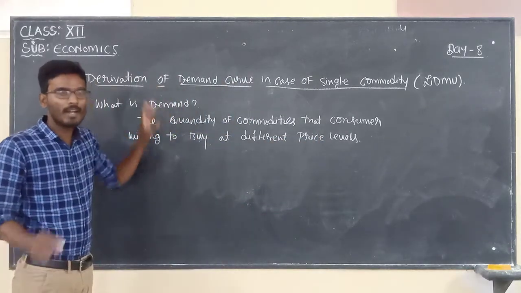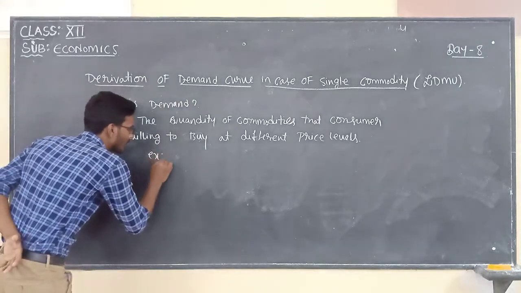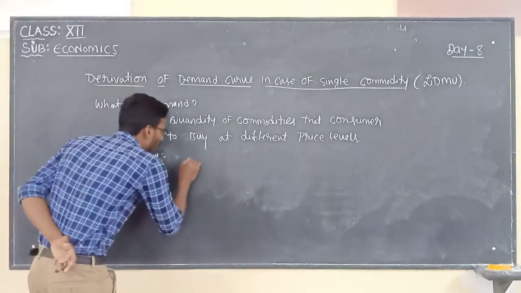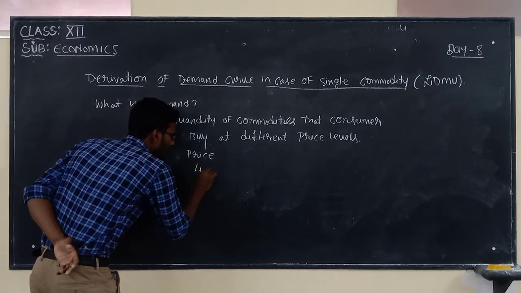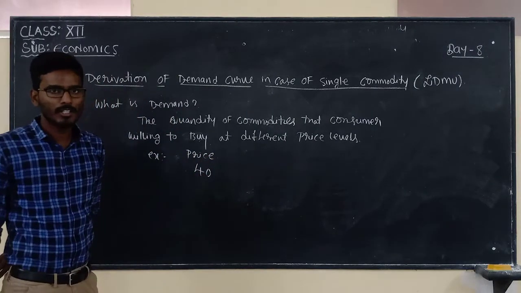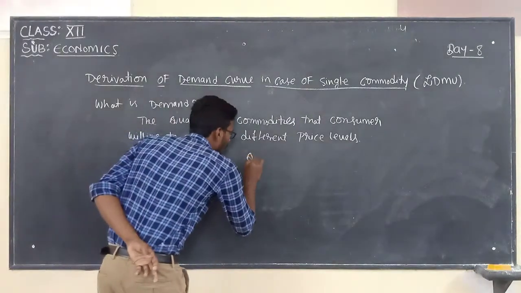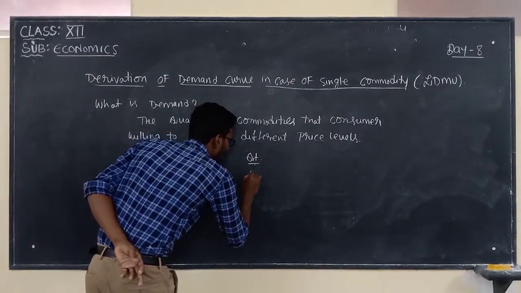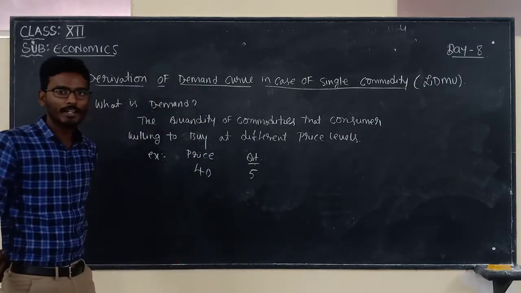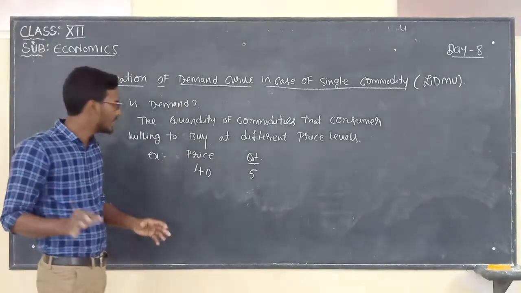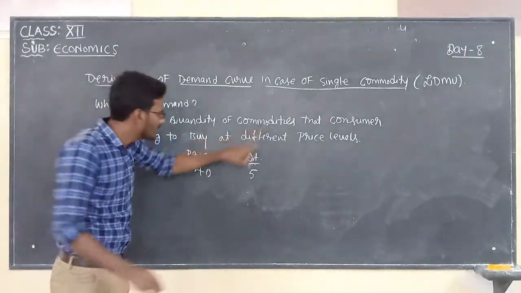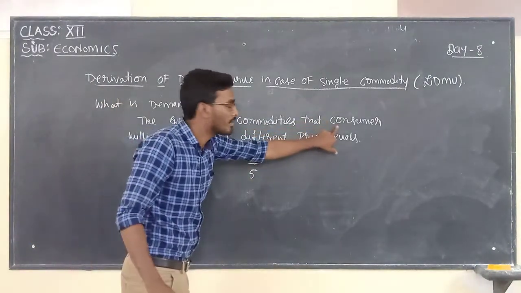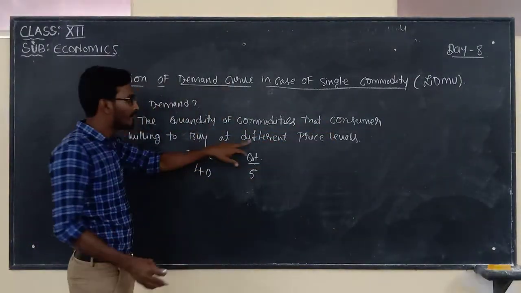Example. When the price of a product is 40, the quantity will be 5 products. How many quantities of the commodity here? 5, that the consumer is willing to buy at different price levels.